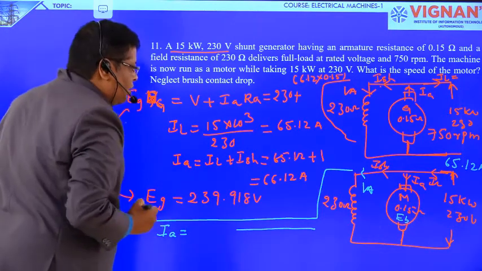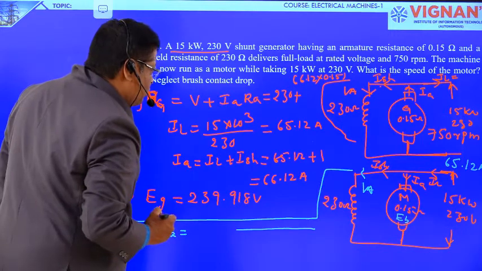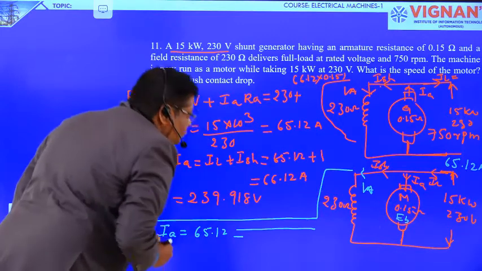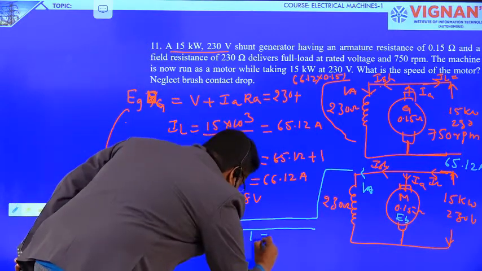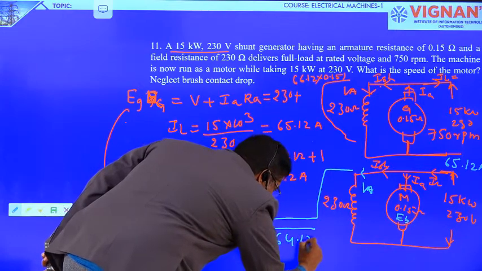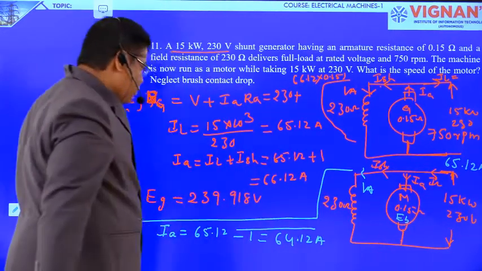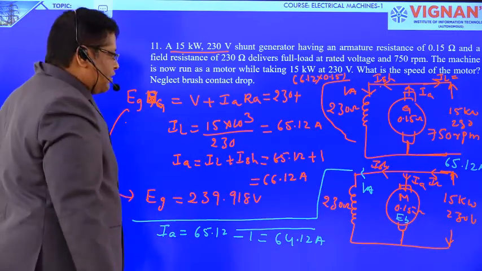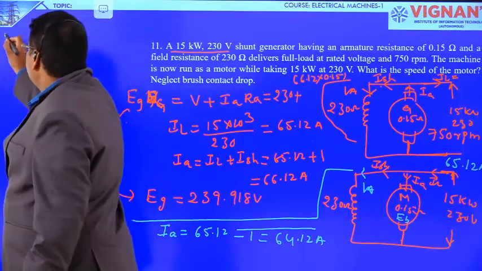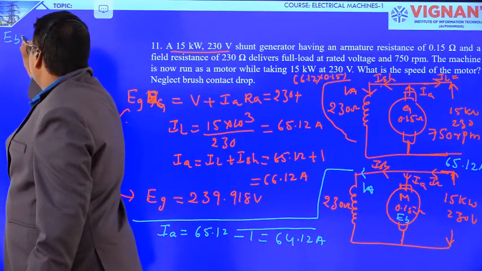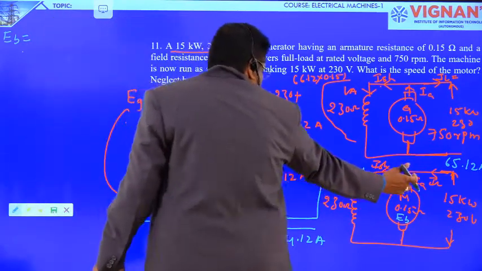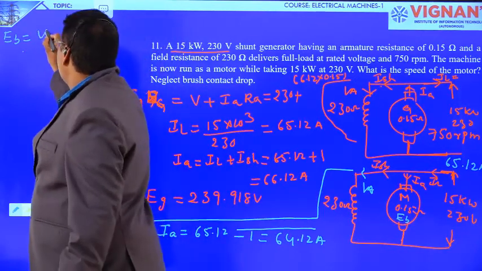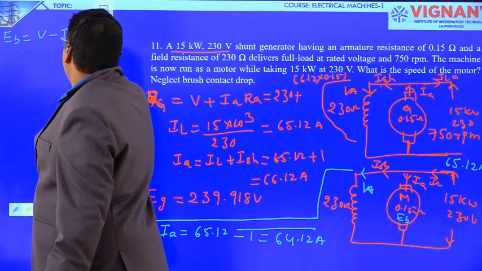Now the armature current in a motor equal to 65.12 minus 1. You are getting 64.12 amperes in case of motor. Now we are going to calculate the back EMF. EB equal to, apply the KVL here. EB equal to V minus IA RA.